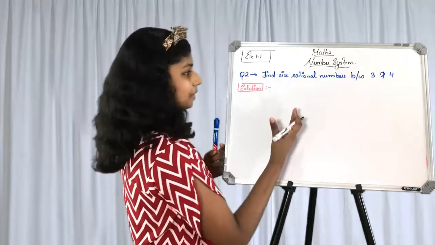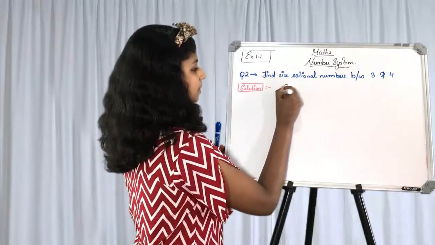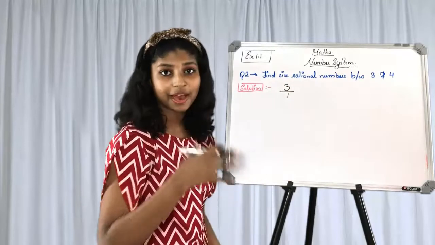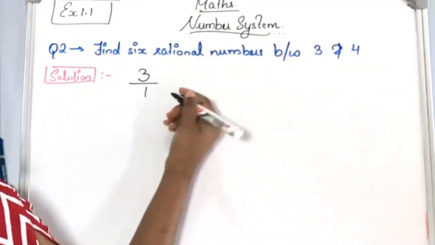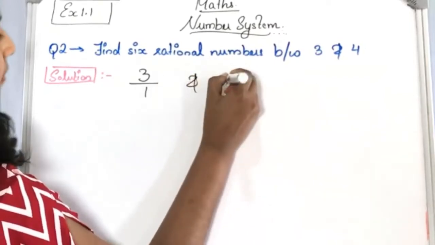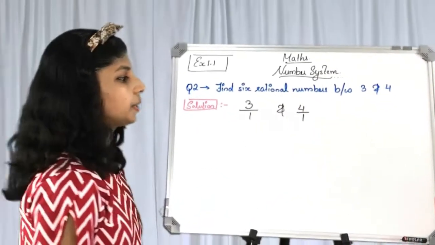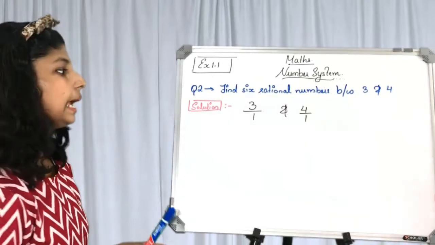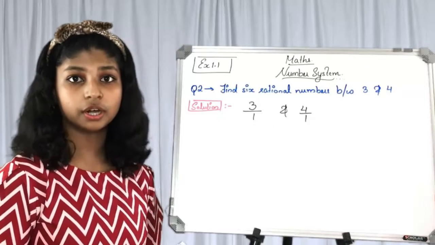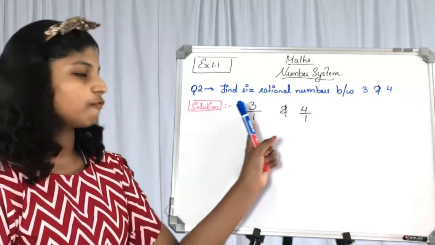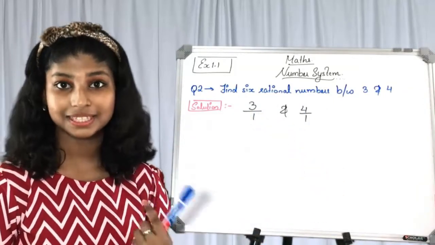Between 3 and 4, let's take the denominator as 1. Every integer has denominator 1, so we have 3 by 1 and 4 by 1. Now we have to multiply the numerator and denominator of both these numbers by 7.